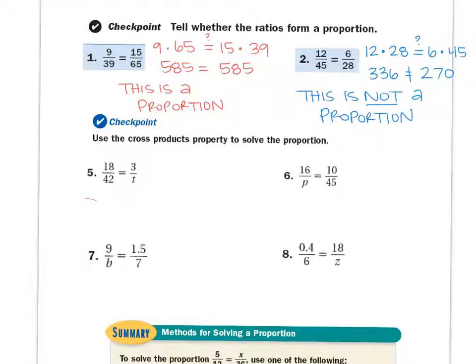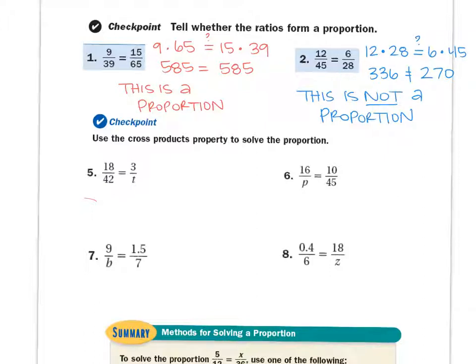Now, at this point, all we've done so far is identify whether two ratios are a proportion, but ultimately the reason that we want to use this property is to solve for the missing letter or the number that we don't know. And so we're going to use this cross products property as we move down to number 5.